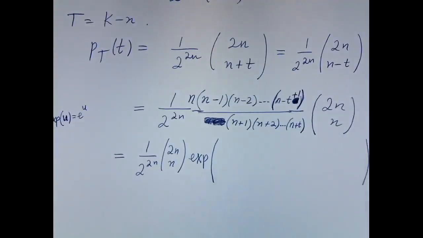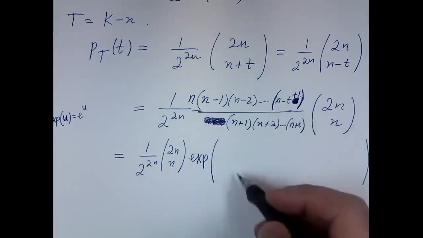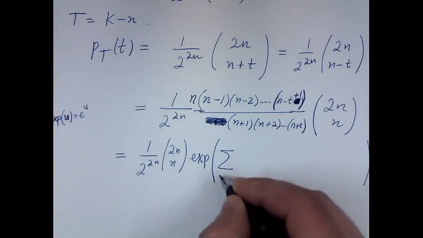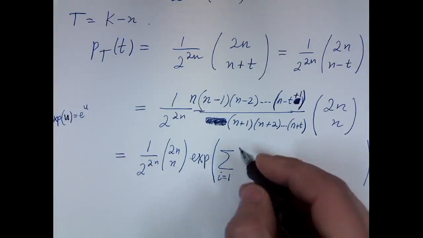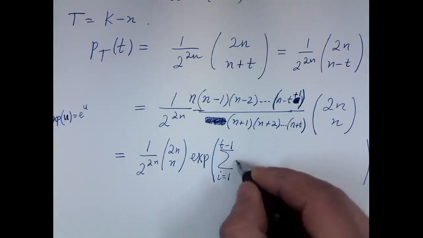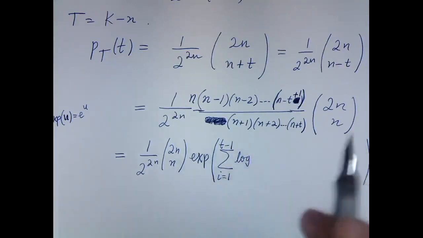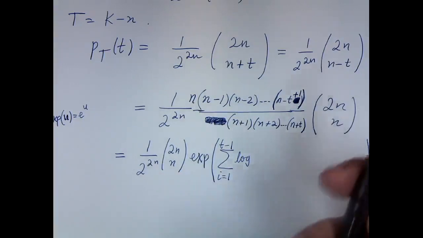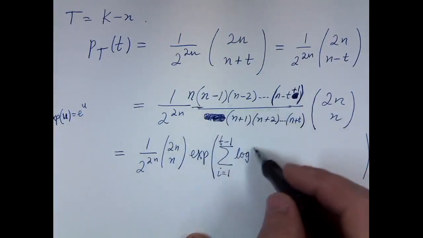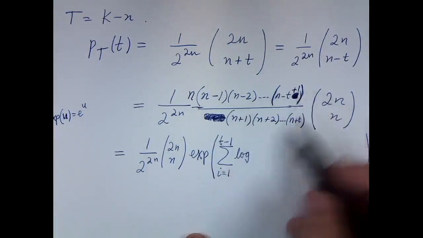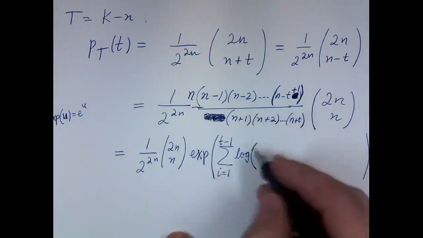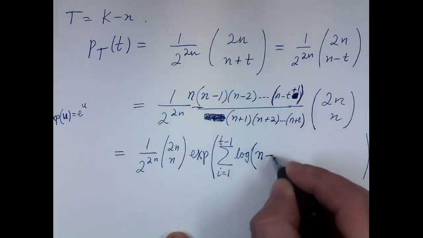So exp of the sum, i equals 1 to t minus 1, of log of n minus i. I'll write it the same way first and then I'll change it.